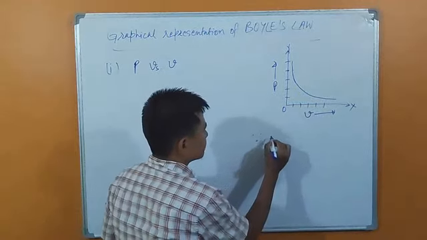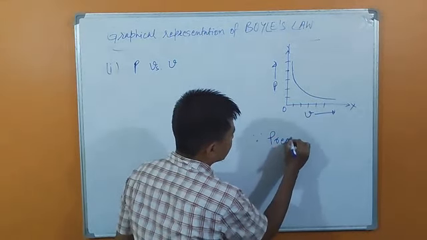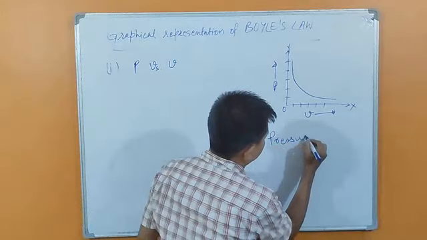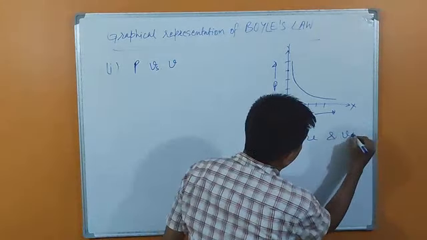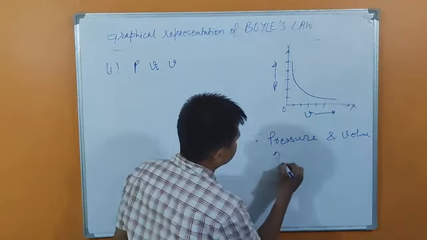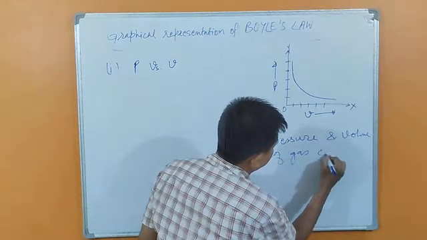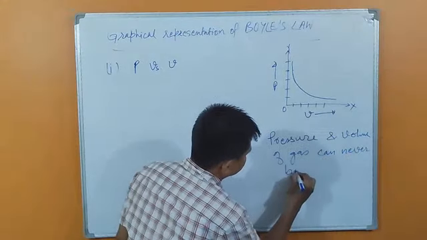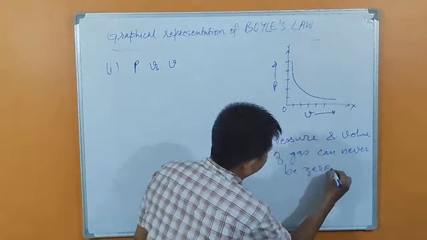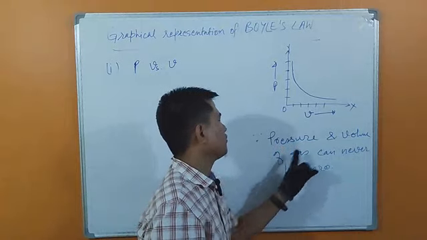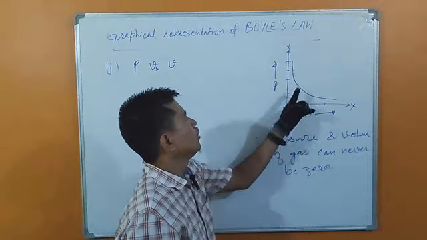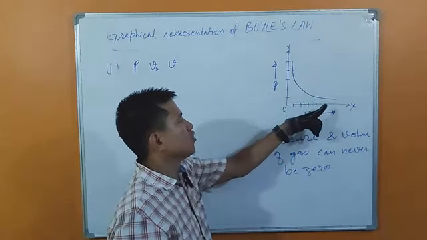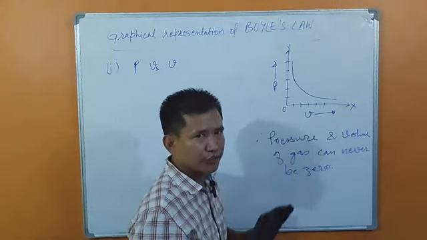Since the pressure and volume of a gas can never be 0, this curve should neither touch the y-axis nor the x-axis. Do you get my point?